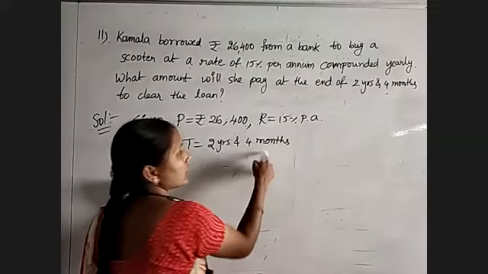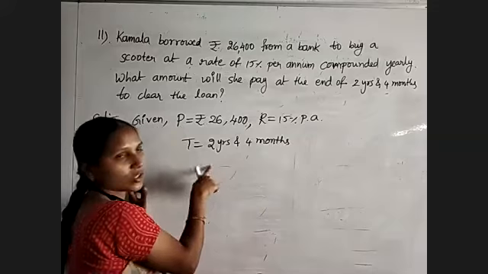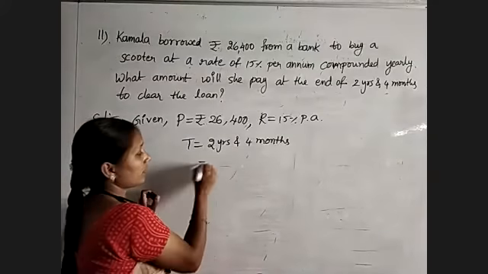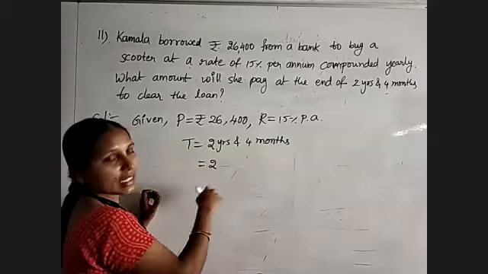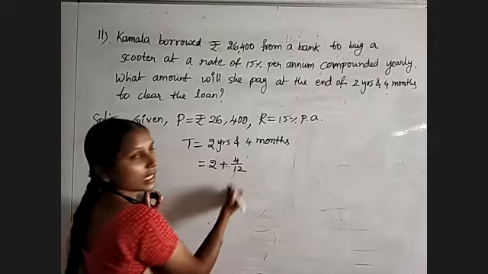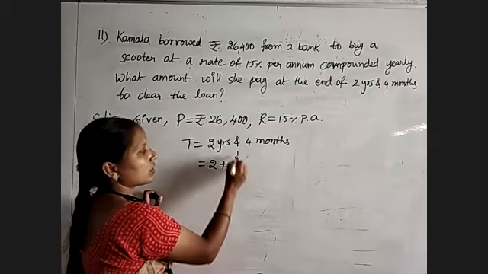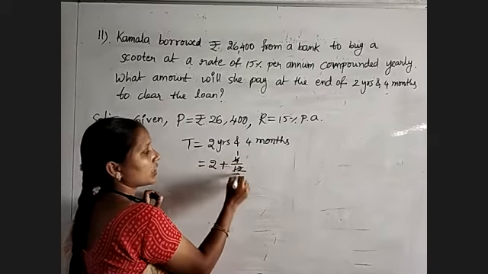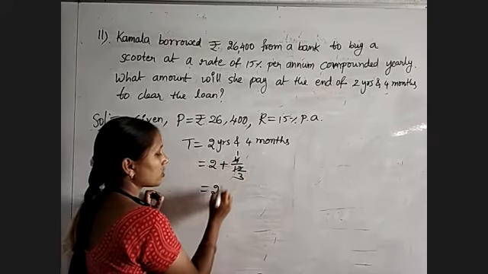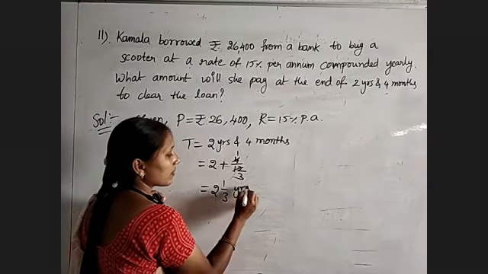Because of the 4 months, we need to translate the complete value into years. So 2 years plus 4 months is 4 by 12 years, which is 1 by 3 years.